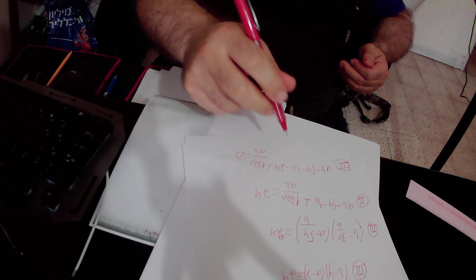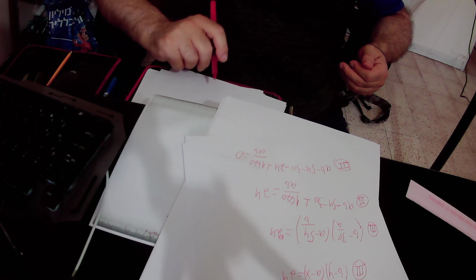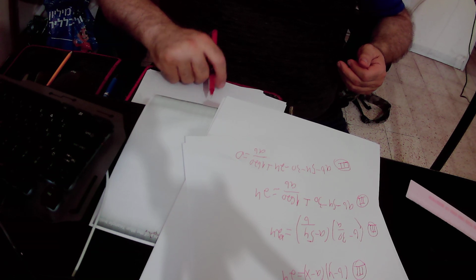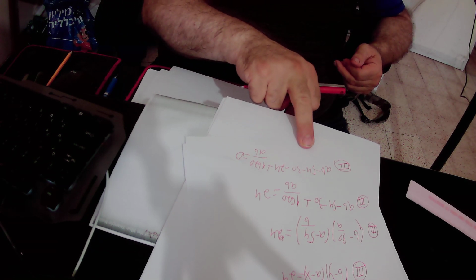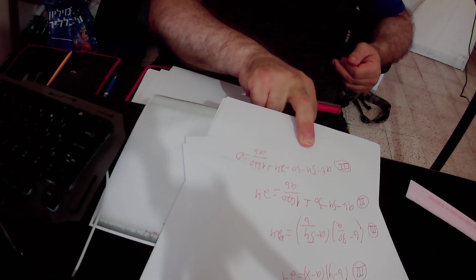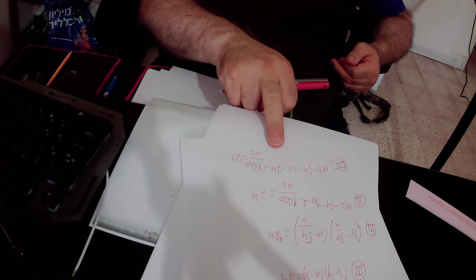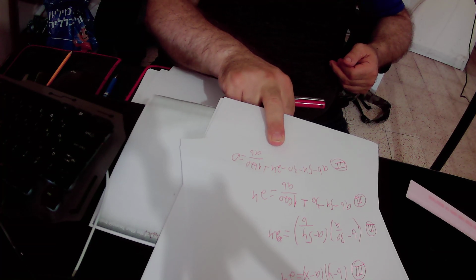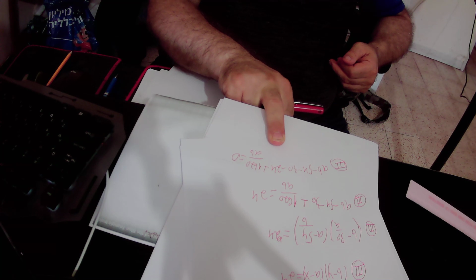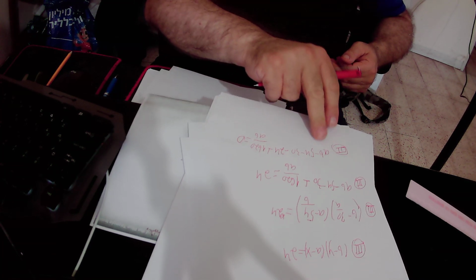Now, as you can see, minus 54 minus 30 minus 24 equals minus 108. So we will write it down.